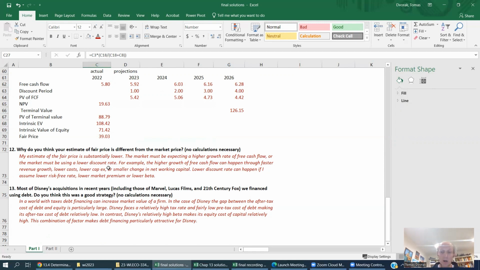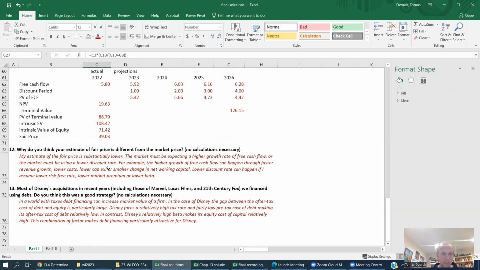So it's possible that the market thinks Disney is going to grow faster. It is possible that the market is using a lower market premium. It's possible that the market is using a lower risk-free rate. It's also possible that the market is calculating different free cash flow going forward. Then maybe they assume a few lower capital expenditures, and that's why they get to a higher price than what we got.